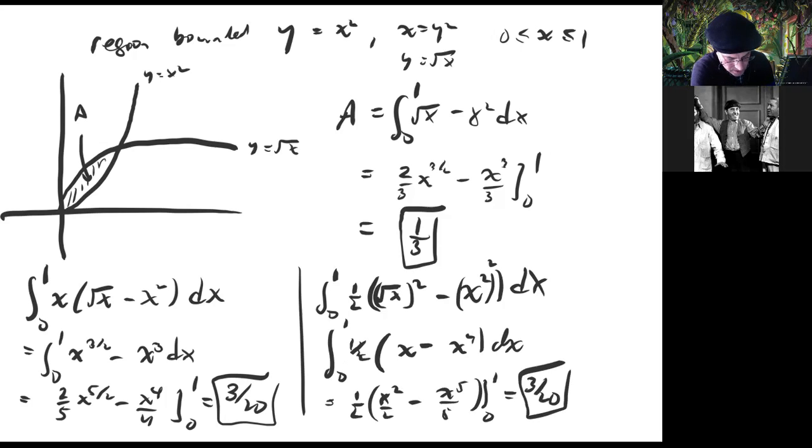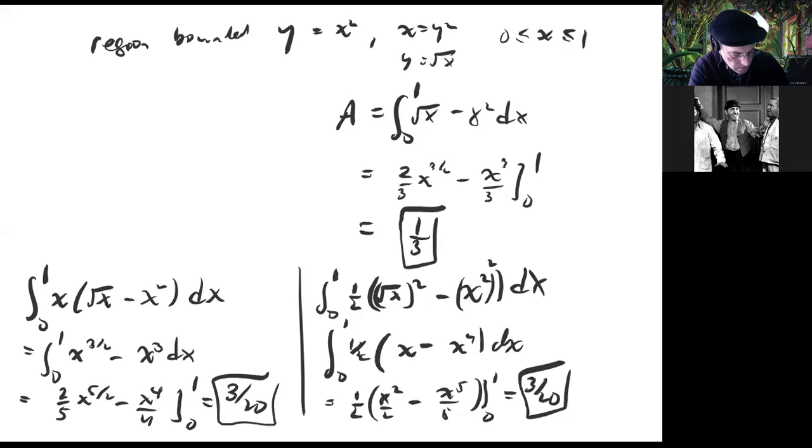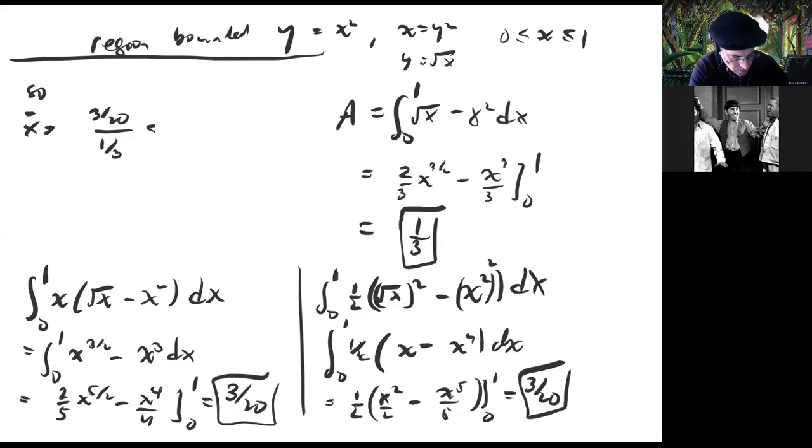Okay, so now we're ready to compute x bar. So let me save the slide, and I'm going to erase the graph because I need some space. So x bar is 3/20 over 1/3, which is the same as 9/20.